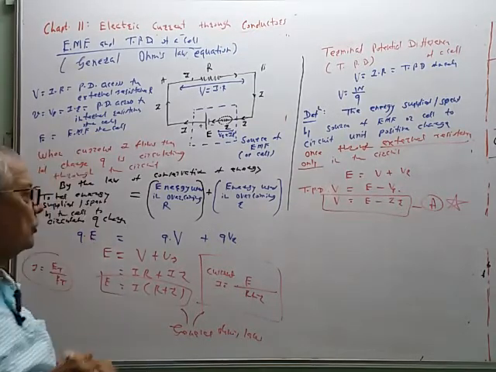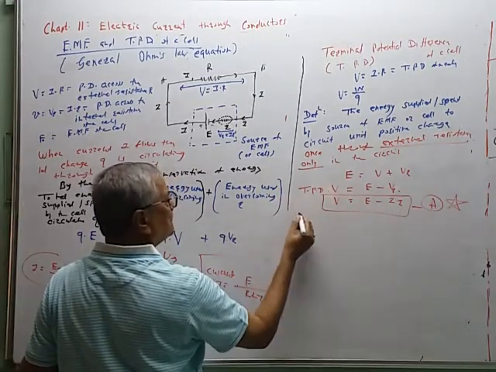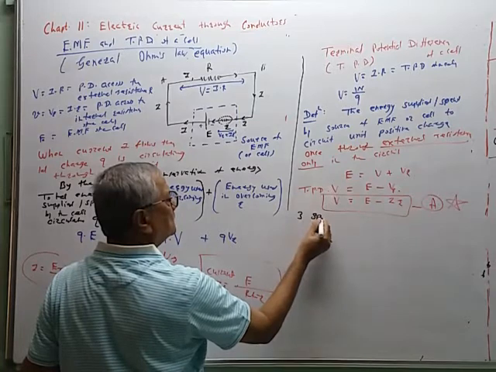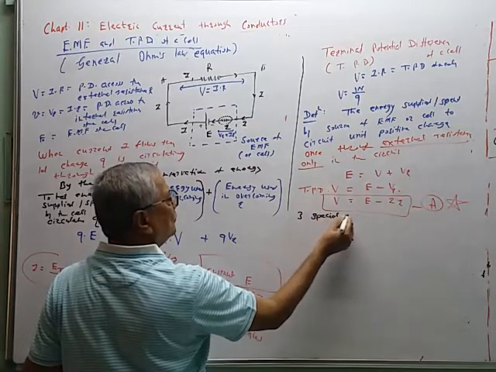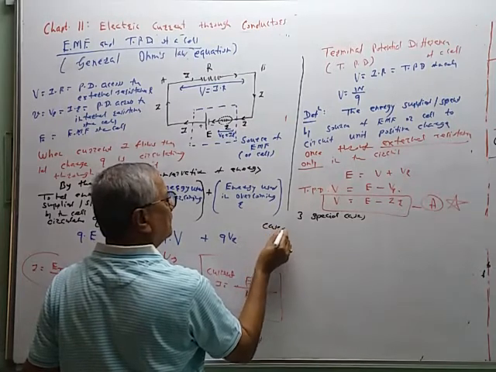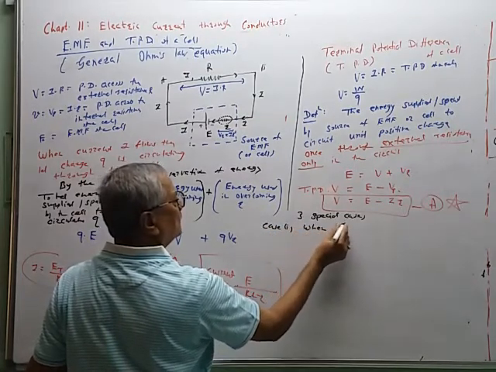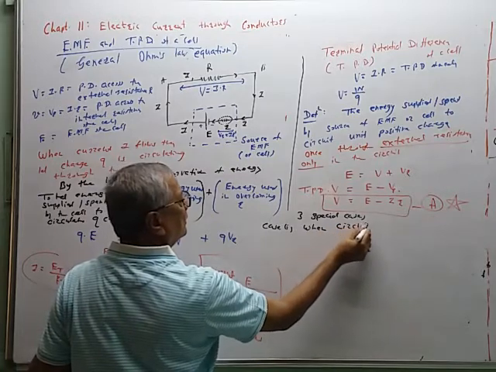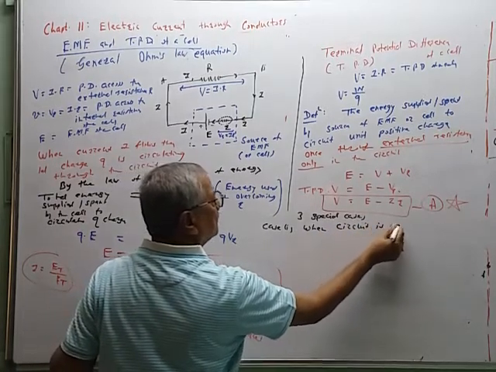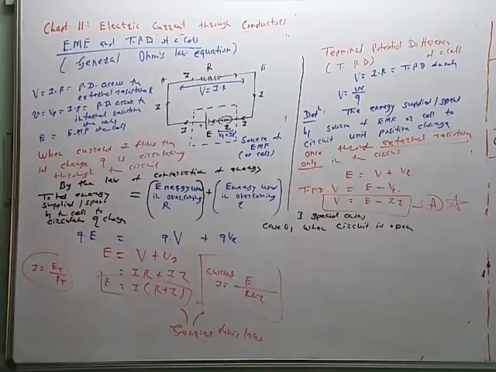Now we are going to give the three special cases of this equation. Case number 1. When the circuit is open, so circuit is open means there is no flow of current.